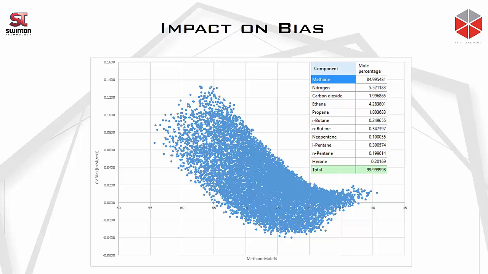Now, this is the simulation of the data when we have a calibration gas composition that you see here, where the calibration gas goes to 85% methane. What I simulated here is 10,000 data points covering most of the possible combinations of gases, where methane varies between 60% and 90%. For the other components, I put a range of 2% to 30% on nitrogen, 2% to 30% on carbon dioxide, and I think 1% to 10% on ethane.